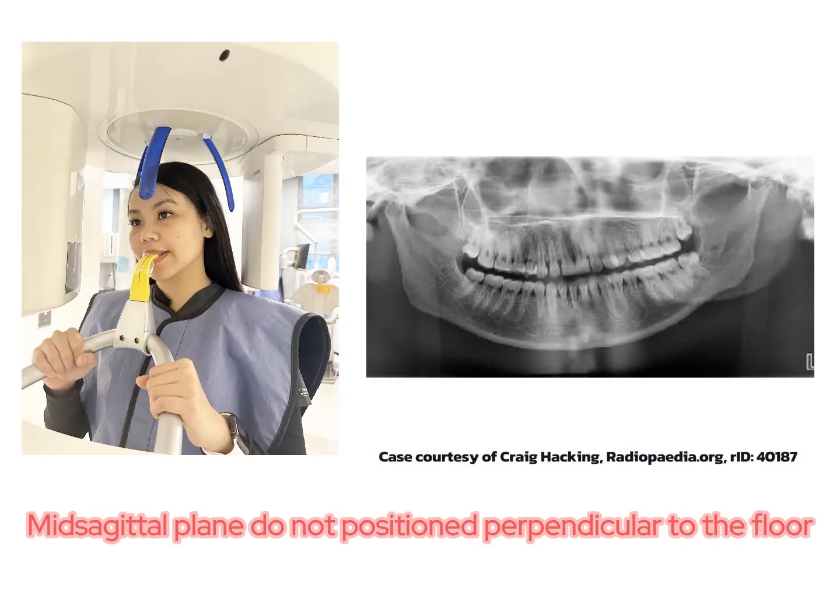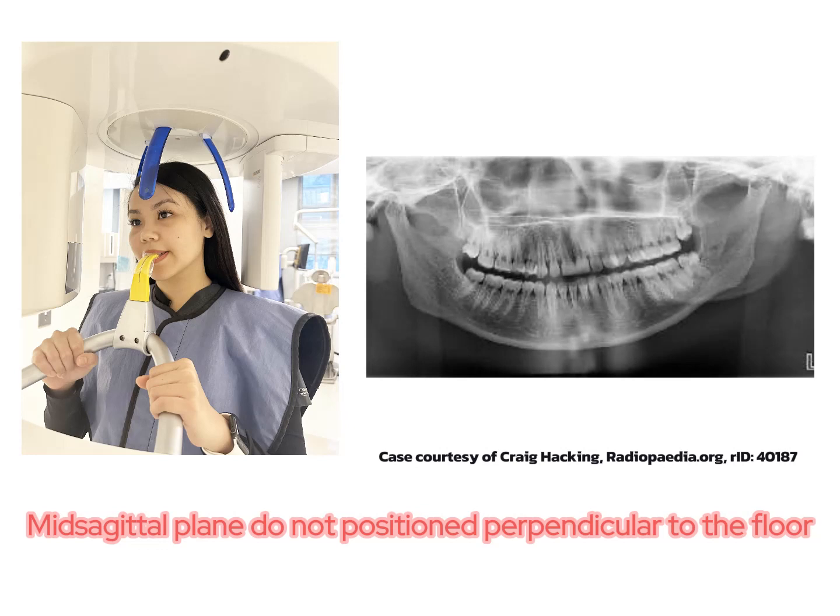Patient's mid-sagittal plane not positioned perpendicular to the floor. It may indicate improper positioning of the patient during imaging. Common causes of this misalignment include incorrect placement of the chin rest, head tilt, or failure to maintain a stable head position during imaging.